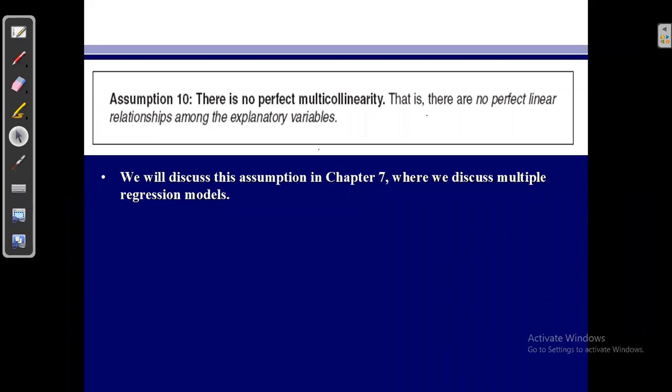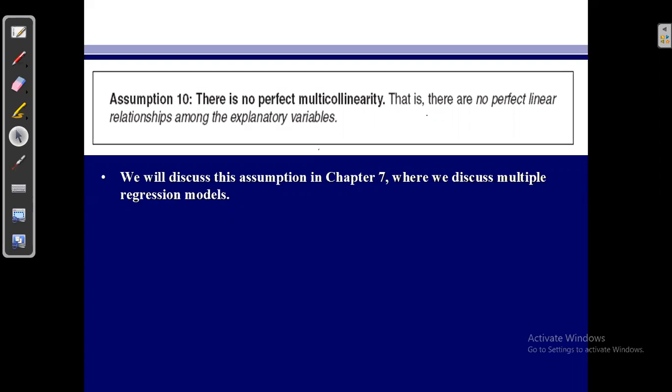When I will be introducing the idea of multicollinearity in econometric models, there I will tell you what would happen if there is a case of perfect correlation in any 2 explanatory variables, right? Why it should not be there. So therefore, this assumption is actually talking about the absence of perfect multicollinearity, okay?